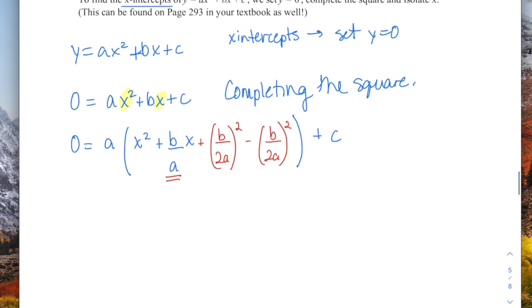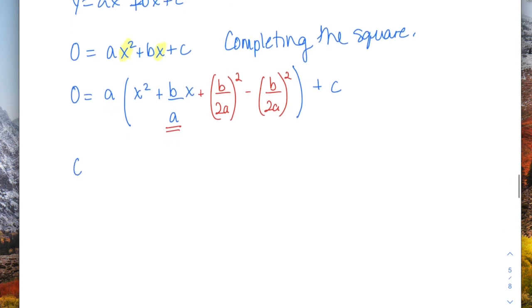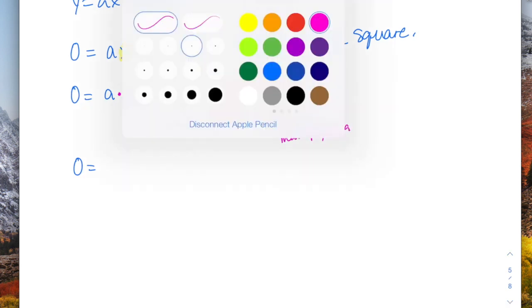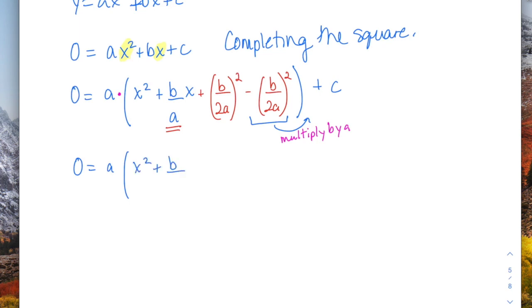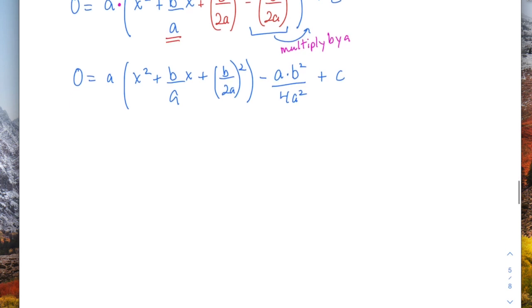Next, we move this term to the outside, and I have to remember to multiply by whatever's in front of the bracket, so I need to multiply by a. I've just applied the power of 2 to my bracket and multiplied it by a. So let's simplify.